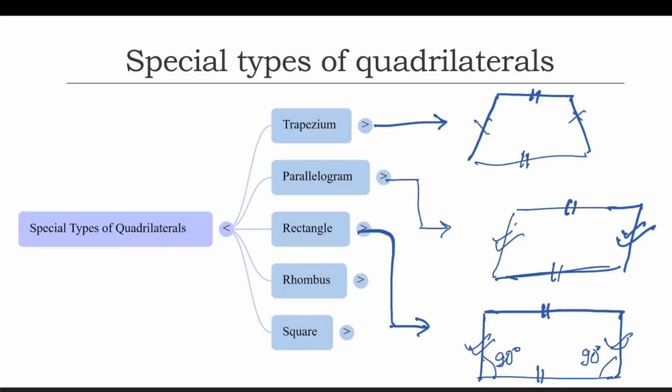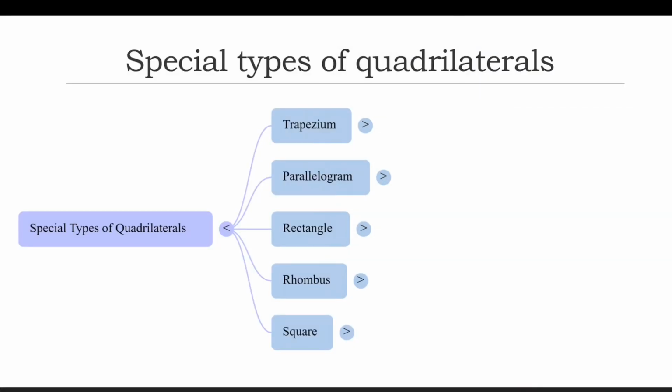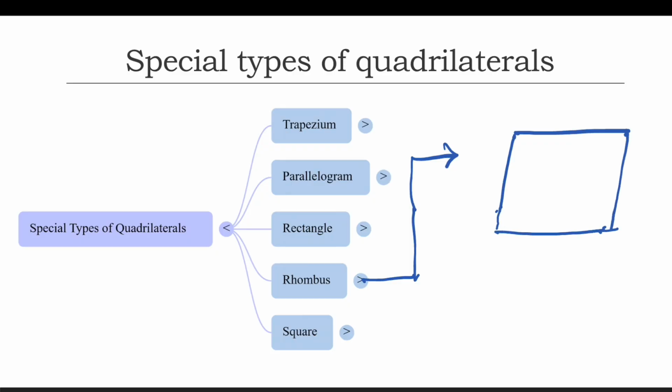Then we are coming to rhombus. What is a rhombus? A parallelogram only, but all four sides are equal. So this is parallel to this, this is parallel to this, and all are x centimeter, meaning all are equal in size.